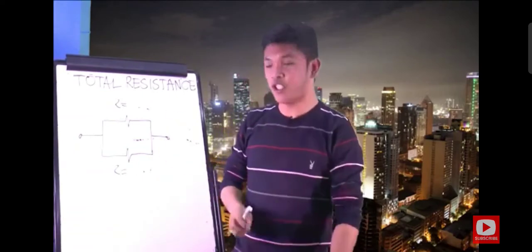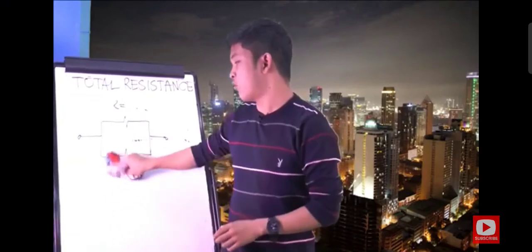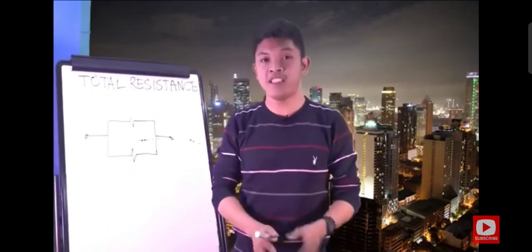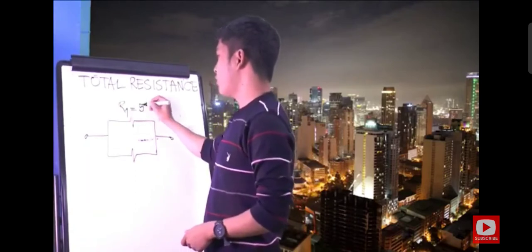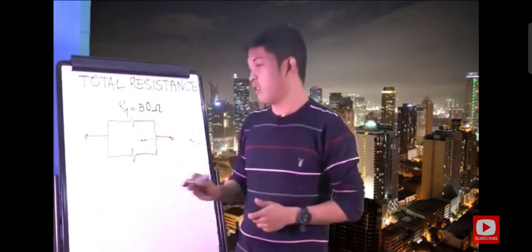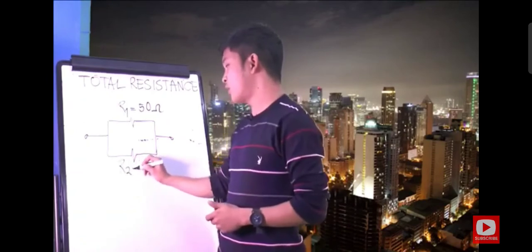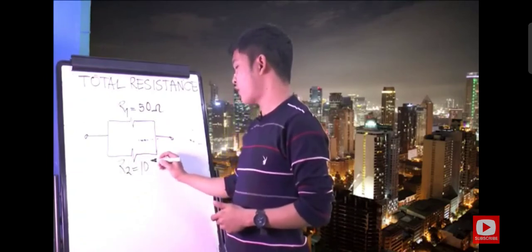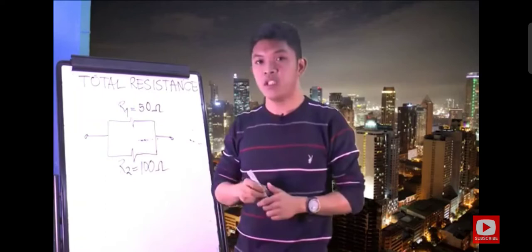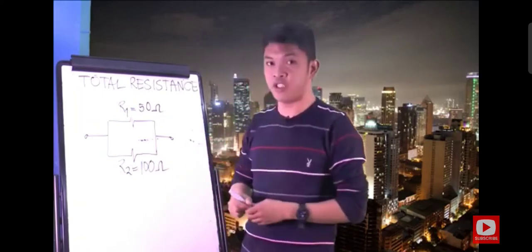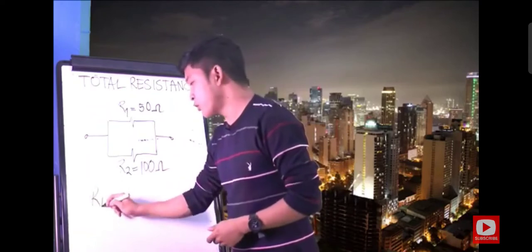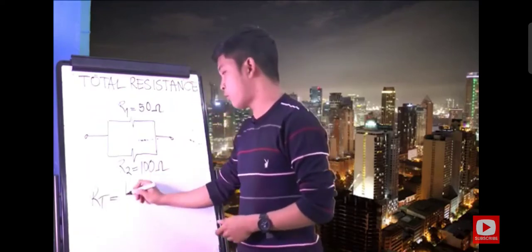Nung nag-research ako, ang nakuha kong value ng mga resistance dyan is yung resistance number 1 is equals to 50 ohms. Then resistance number 2 is equals to 100 ohms. So to get the resistance of a circuit with two resistors, you will use the formula RT is equals to product over sum.